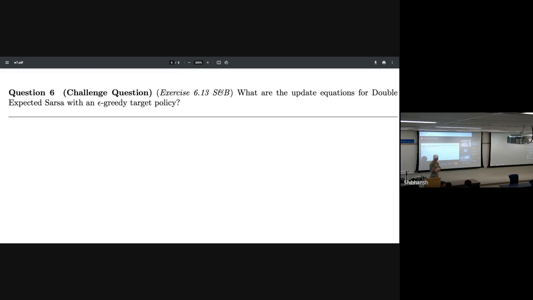We discussed the idea behind double Q learning. And now it's time to apply our knowledge of this idea of double learning to expected SARSA. So let's do that.